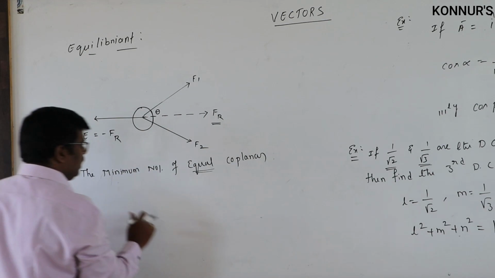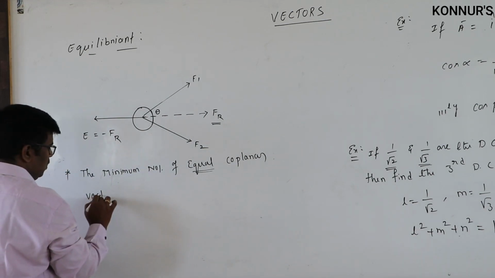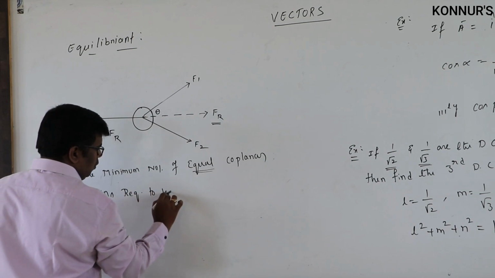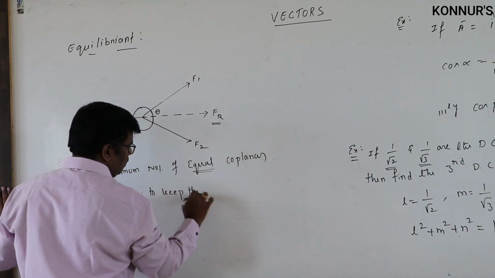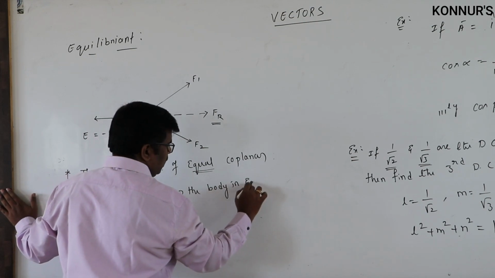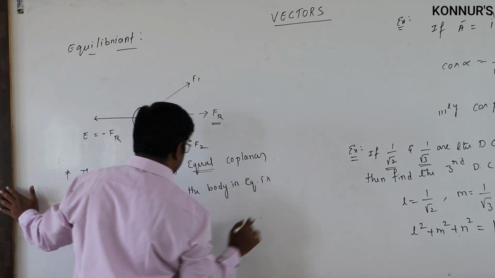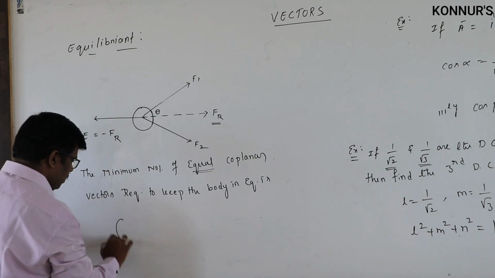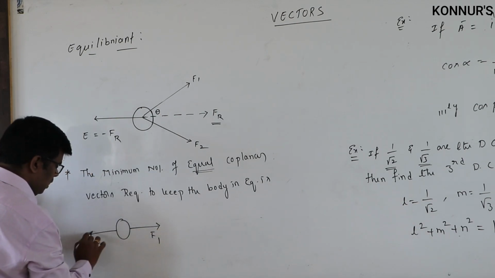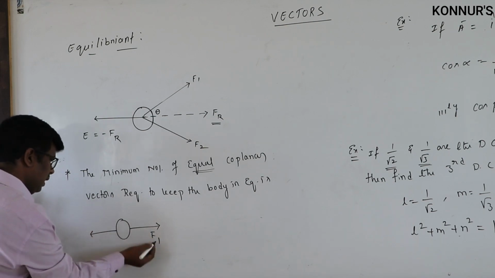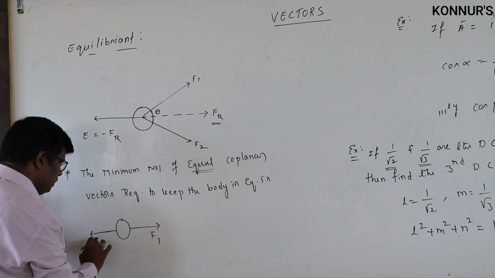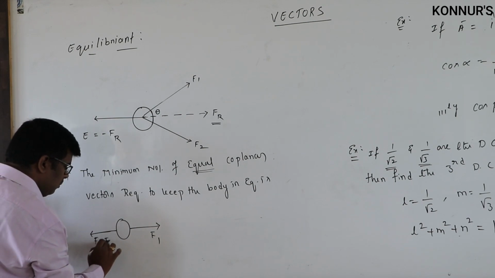The minimum number of equal coplanar vectors required to keep the body in equilibrium is, see, generally if one body is experiencing force F1 in this direction, then on the other side you have to act in the quite opposite direction with the same magnitude.